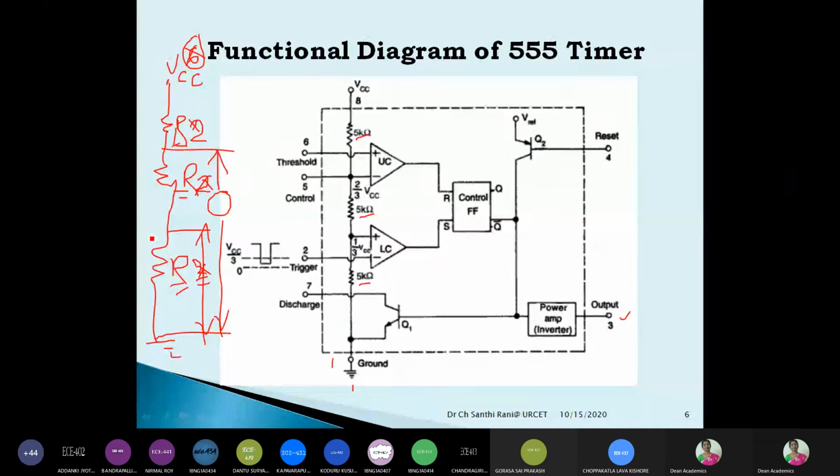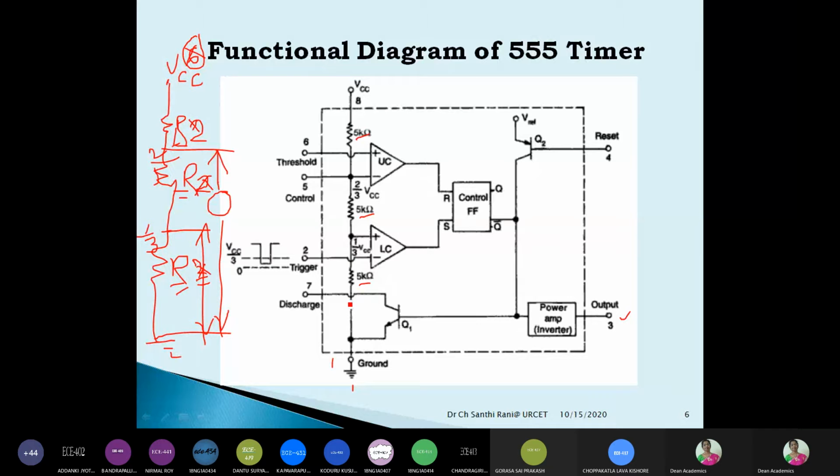So here we will have 1/3 VCC, and here we'll have 2/3 of VCC, and here complete VCC. 3/3 means 3 by 3, 1. So full VCC we will have.